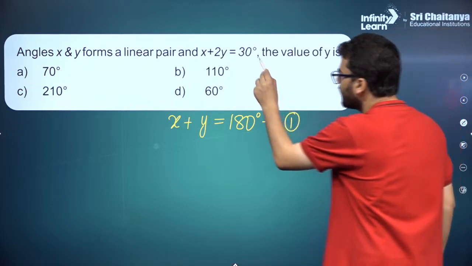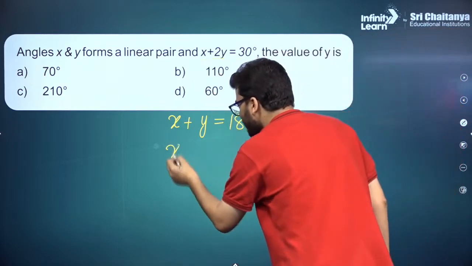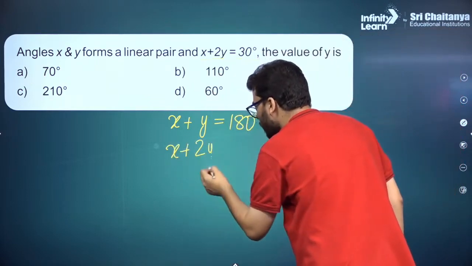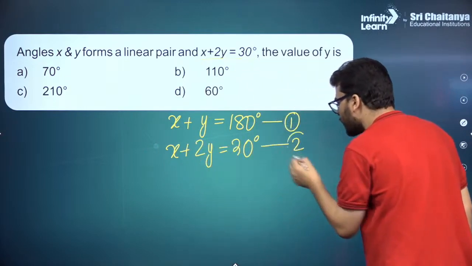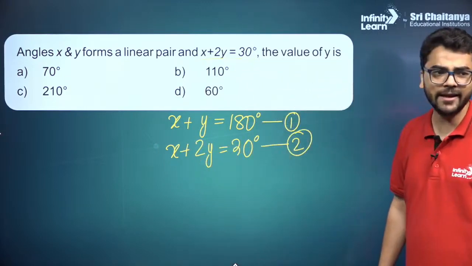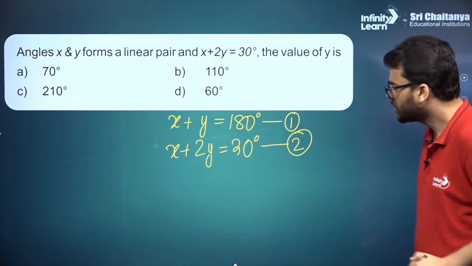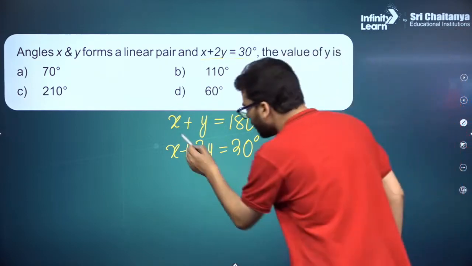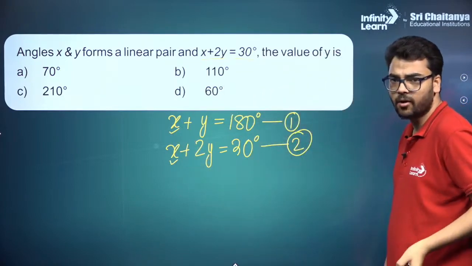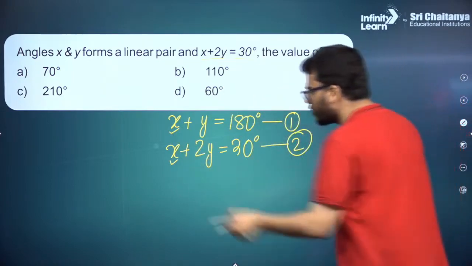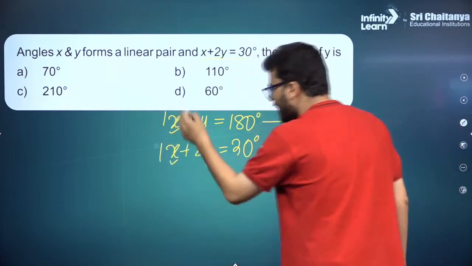Now it is also given in the question itself that x plus 2y is equal to 30 degrees. This is the second equation. Now I have to find the value of y over here. So you see, can I think of eliminating the variable x because the coefficient of x is the same in both the cases?